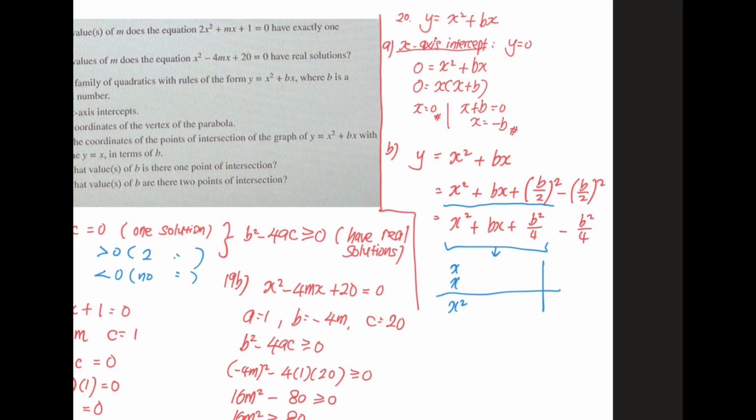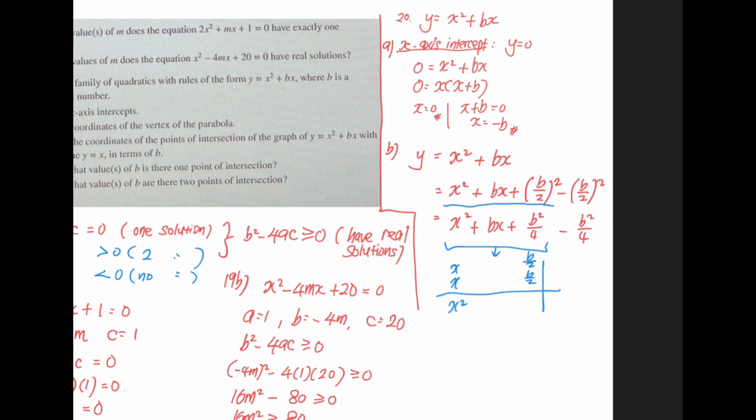Then you have to think of two numbers, must be the same numbers. Two numbers that multiply to get b squared over 4, and when you add them up, you must get b. So I'm going to take b over 2 and b over 2.